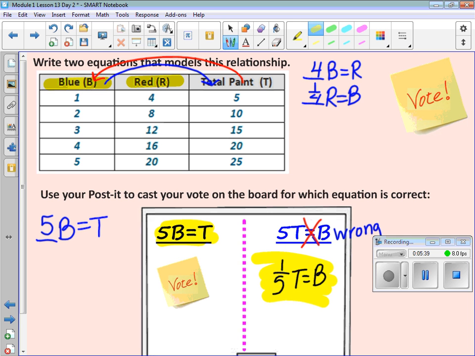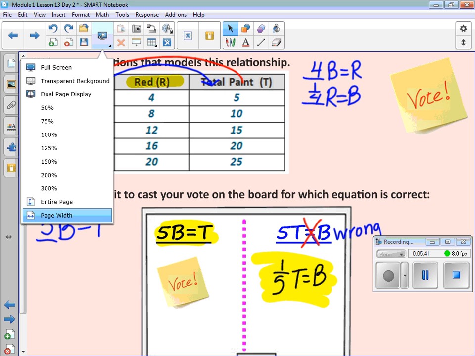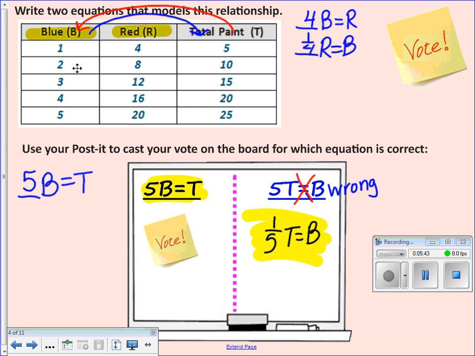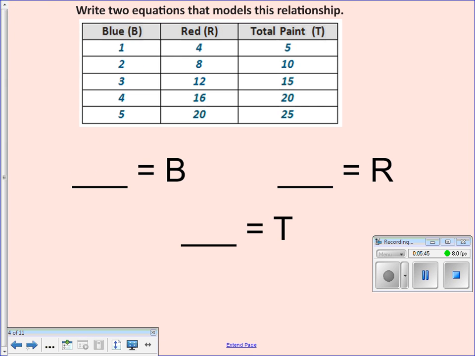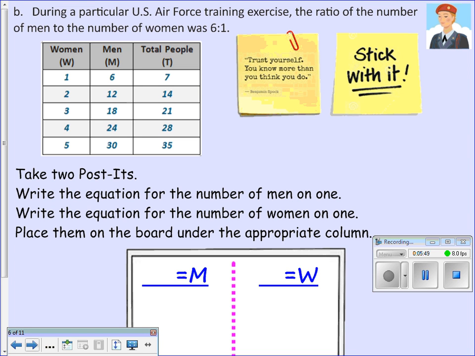I'll highlight them. Okay, so now for the next table, for part B, oops, that's what we just did. For part B, now on the Post-it, you're going to put your initials again, but, wait please, you are going to write the equation. Two of them.